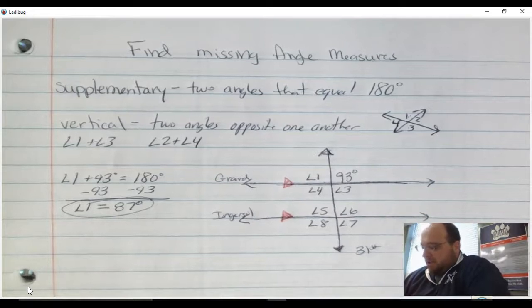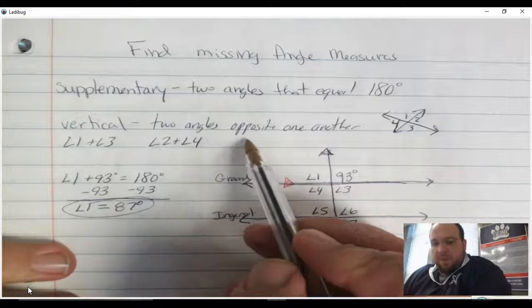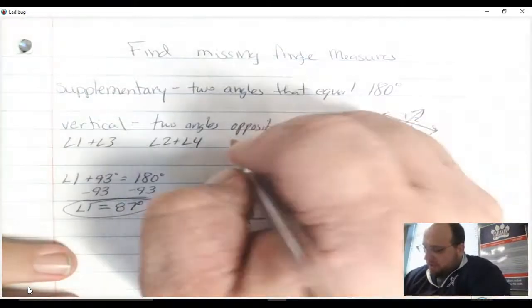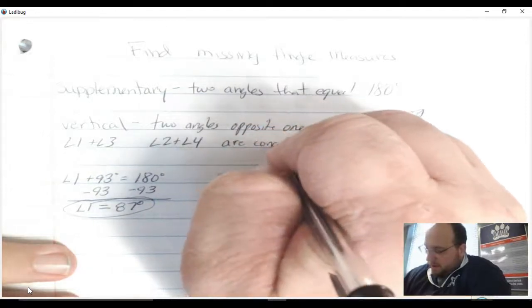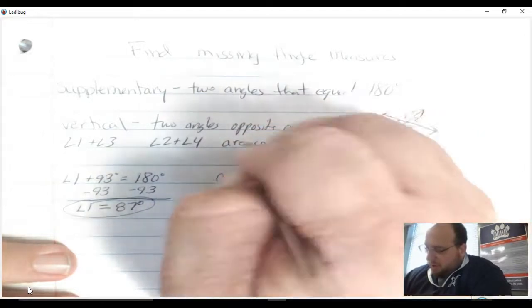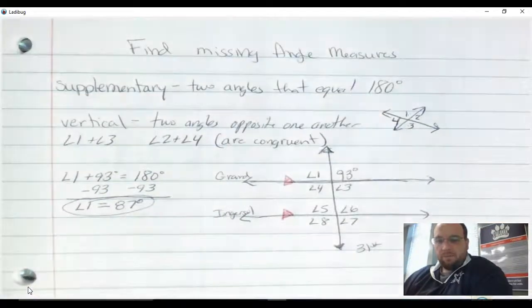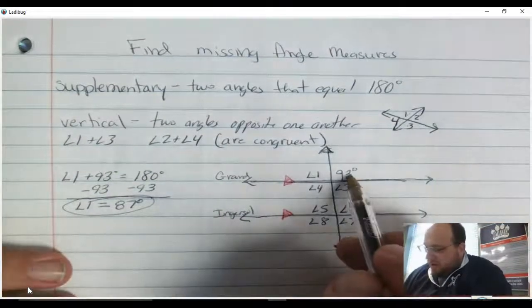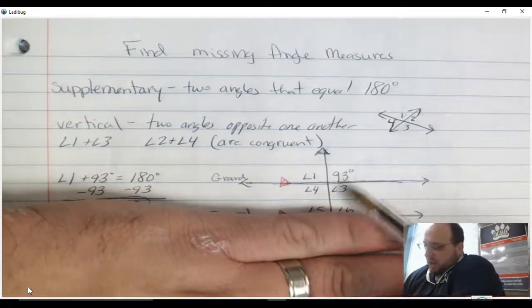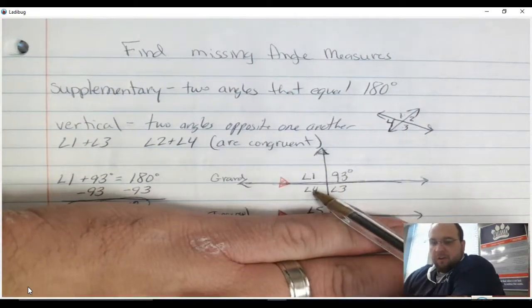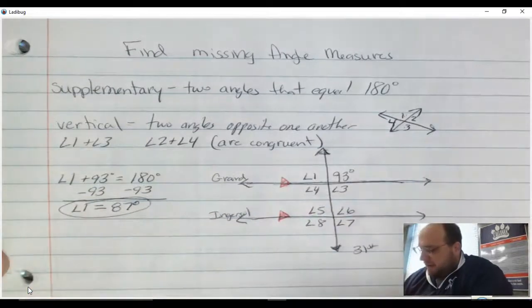What I also know is the measure of angle 4, because what I failed to include up here is that vertical angles are congruent. And if you don't know what congruent means, it means to be equal. So if this angle right here is 93 degrees, the angle vertical to it, which is angle 4, is also 93 degrees.